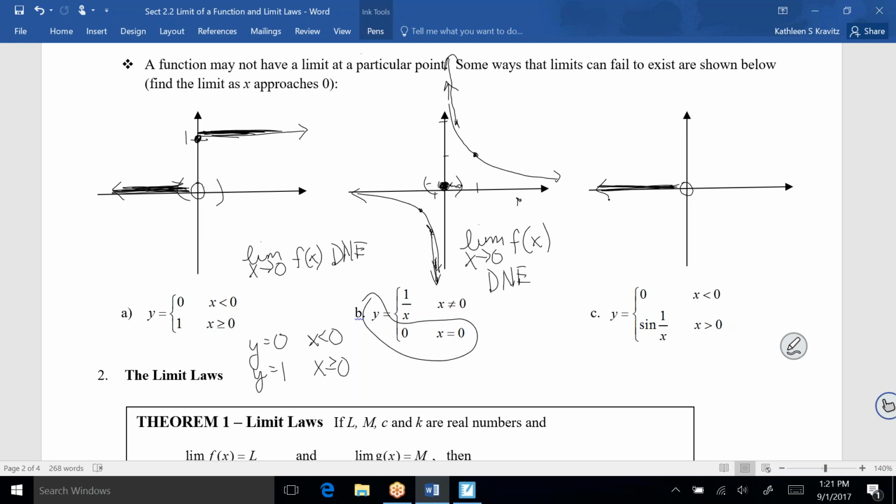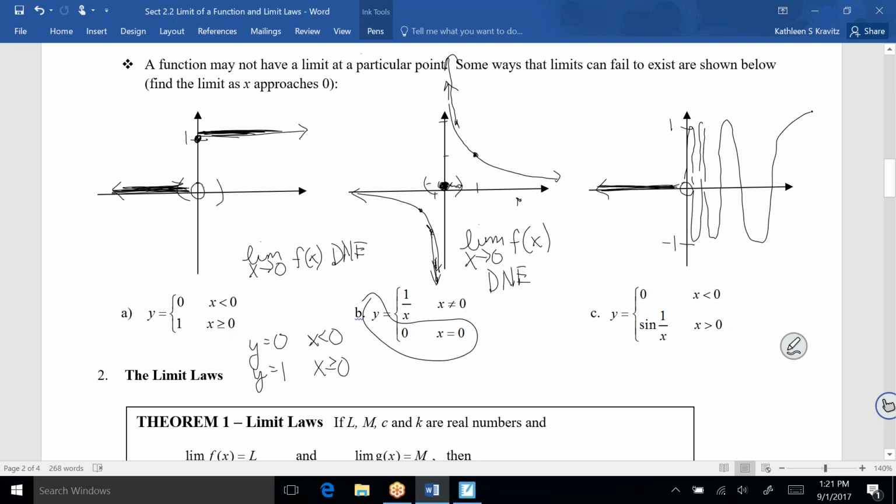So sine is going to be fluctuating between -1 and 1, and our reciprocal sine of 1 over x is going to do the same thing. And it's going to be a really super tight graph in the beginning here where it just fluctuates back and forth between 1 and -1.